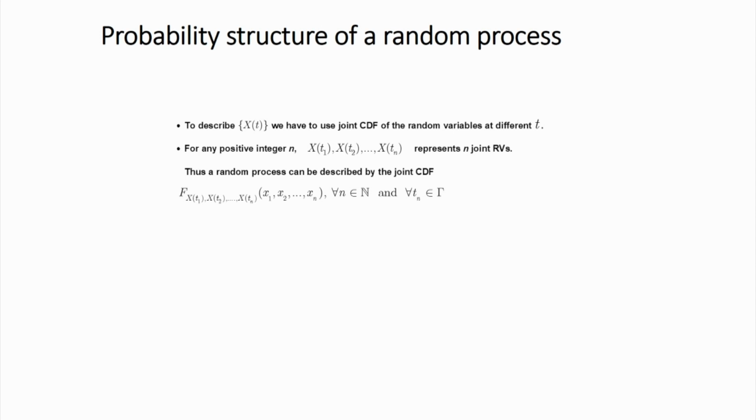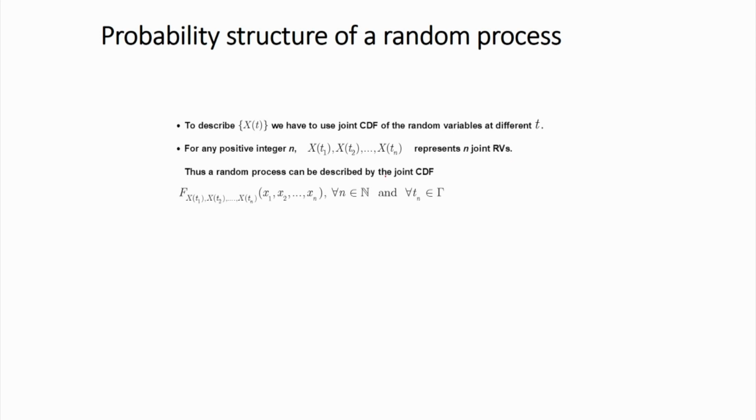Characterizing the random process in terms of the joint CDF is difficult. For example, for any positive integer n, we can consider the collection x(t1), x(t2), up to x(tn), and they will represent n random variables.